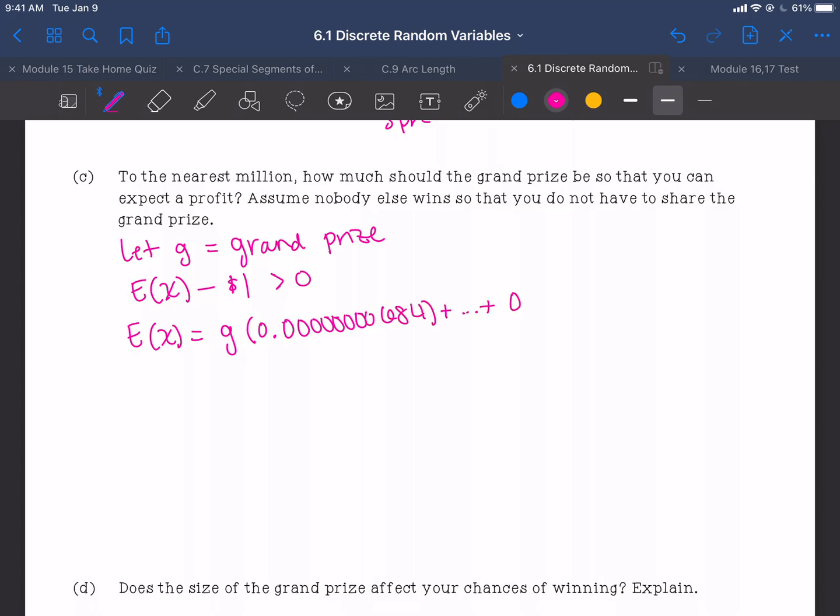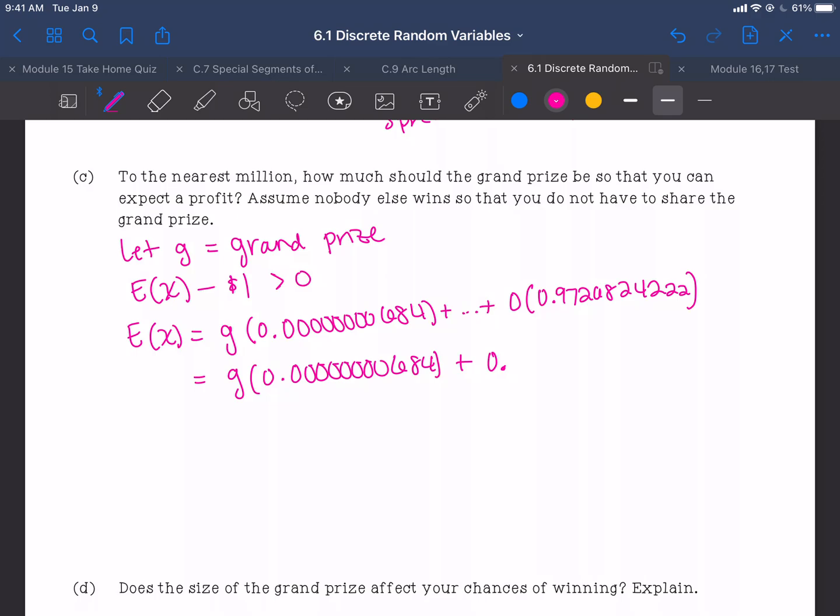plus, you're going to do that for all of them again. All right, so if you did that, you're going to get your grand prize times that probability plus everything else.